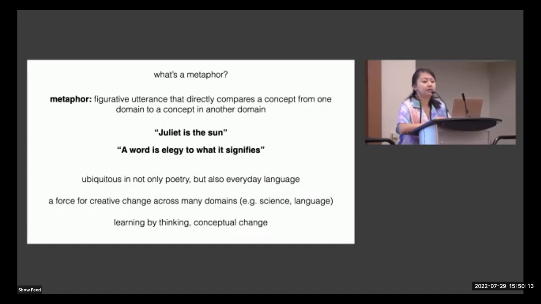And in the cognitive development literature, a lot of people have been thinking about learning by thinking, and people have posited that the cognitive mechanisms underlying metaphor, in this case analogy, might be a useful mechanism for conceptual change and the acquisition of new knowledge.